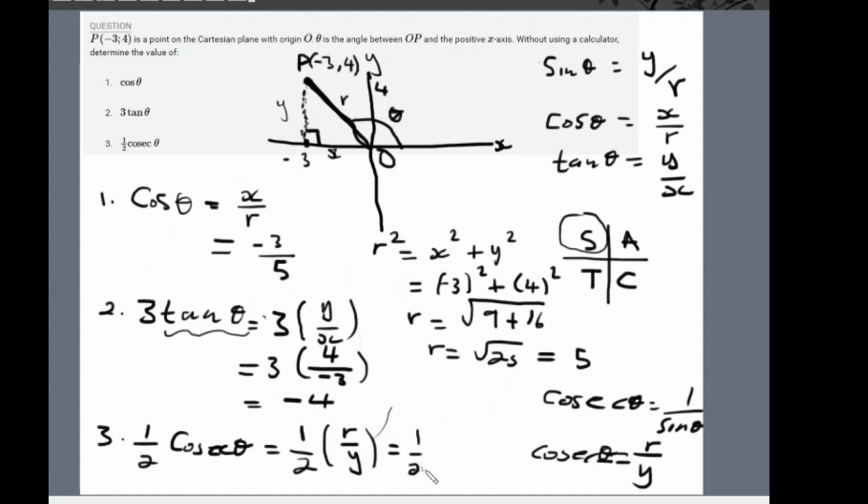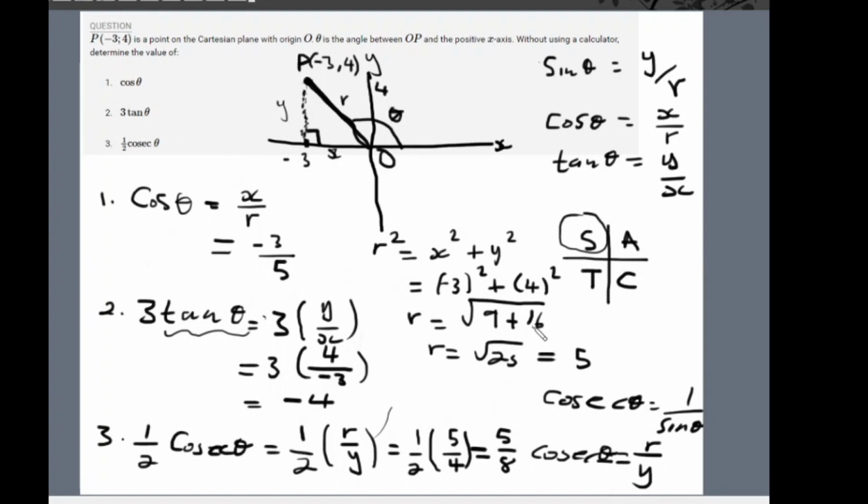We know the value of r is 5, and we know the value of y is 4. Therefore when you substitute in your calculator, this is equals to 5 over 8. That is this example.